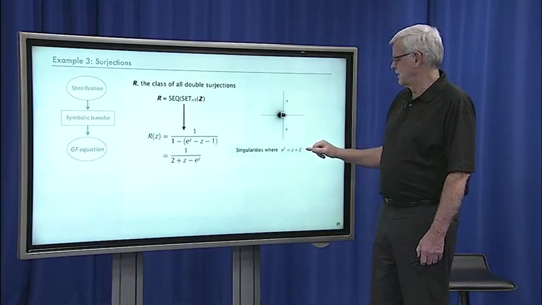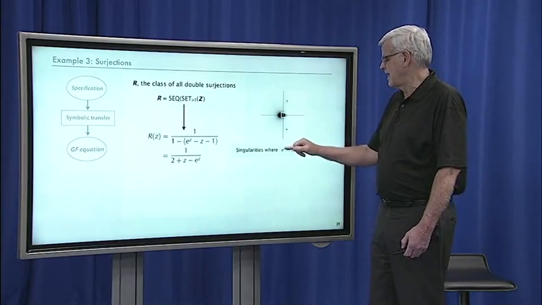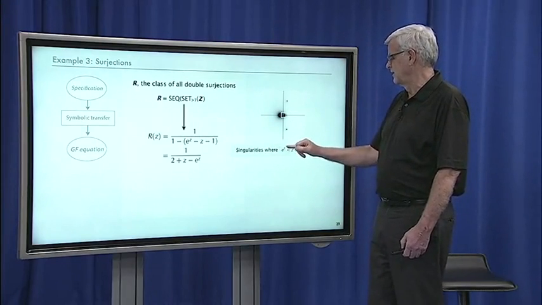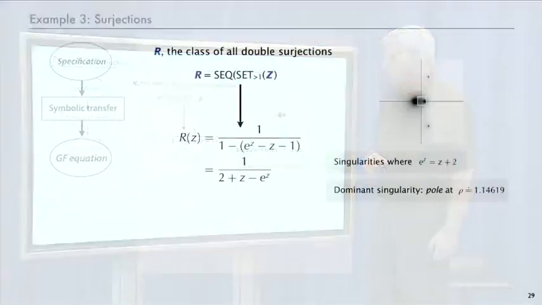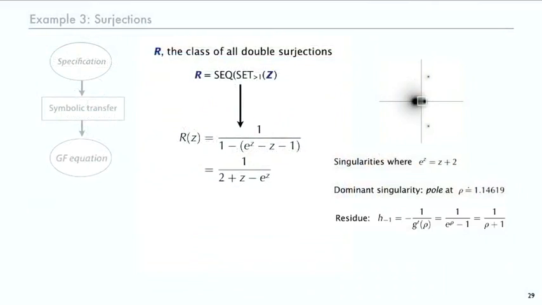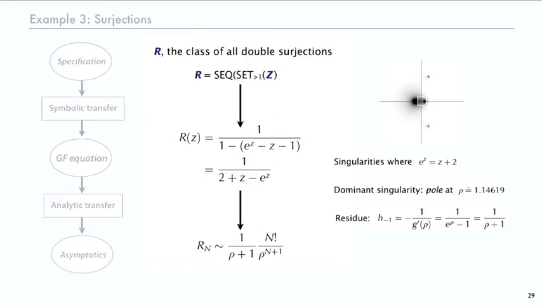So we have to do a calculation to find the value on the real line where e to the z equals z plus 2, and that turns out to be 1.14 in this case. And we go ahead and calculate the residue, which is just the derivative of that evaluated here, and turns out to be just 1 over that plus 1.